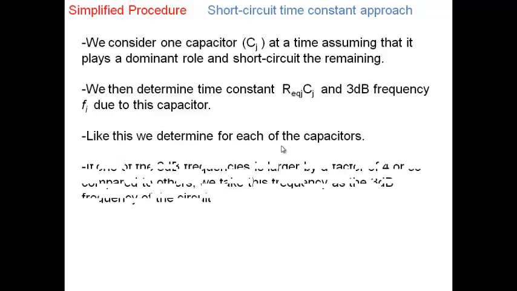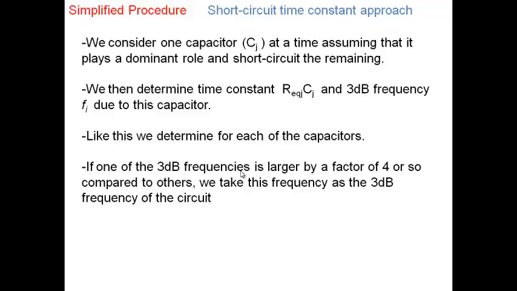Determine this for each one of them. If one of the 3 dB frequencies is larger by a factor of 4 or 5, and all that depends on how accurately you want to calculate the final value. Okay, so don't pay too much attention to 4 and all that. If one of the 3 dB frequencies is larger by a sufficient factor compared to others, we take this as the 3 dB frequency of the circuit.